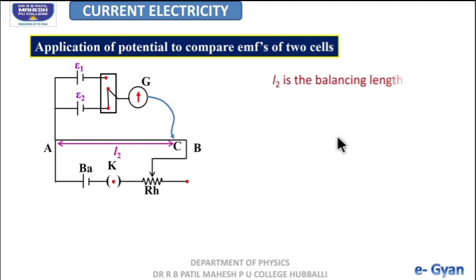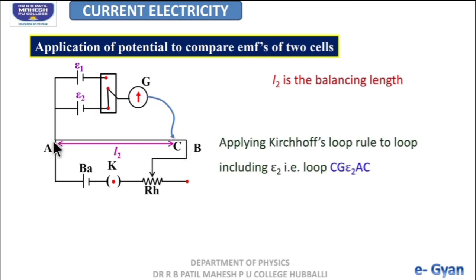Now by applying Kirchhoff's voltage rule for this loop, that is CGE2AC, applying the voltage rule for this one. Here current is flowing along this direction and the loop is also running along this direction, hence the potential drop across L2 is negative.